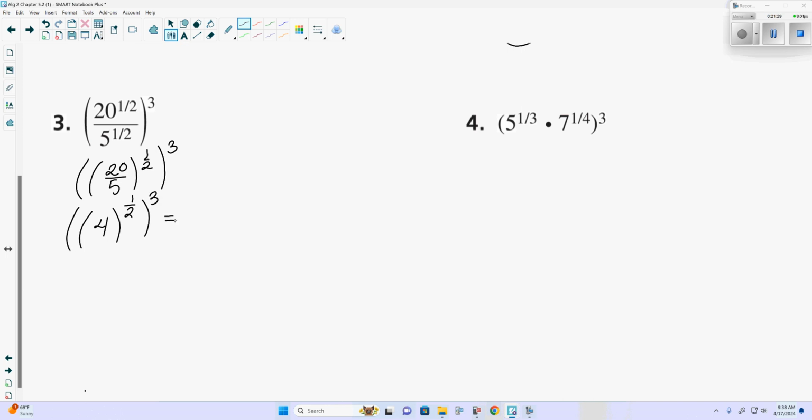4 to the 1/2 to the 3rd is 4 to the 3/2. Well, yes. If we do calculate this out, we do get 8. And that seems odd, yes? Now, questions on how we got 4 to the 3/2?